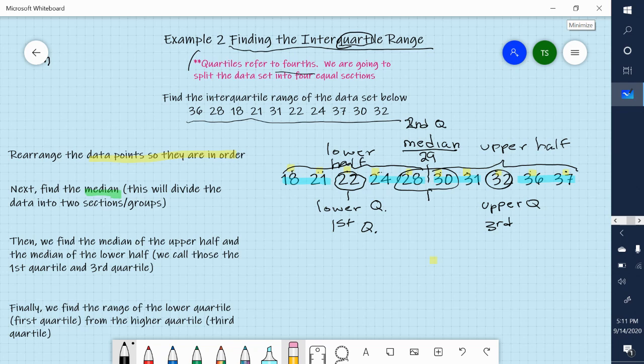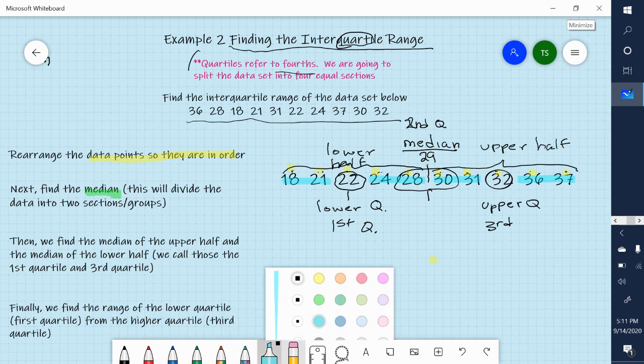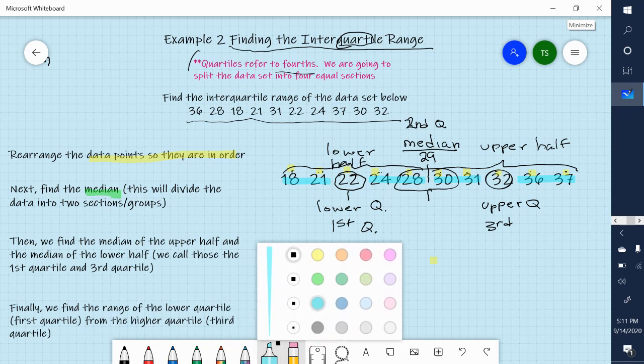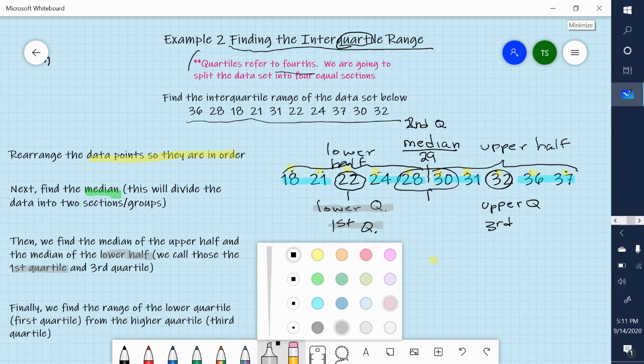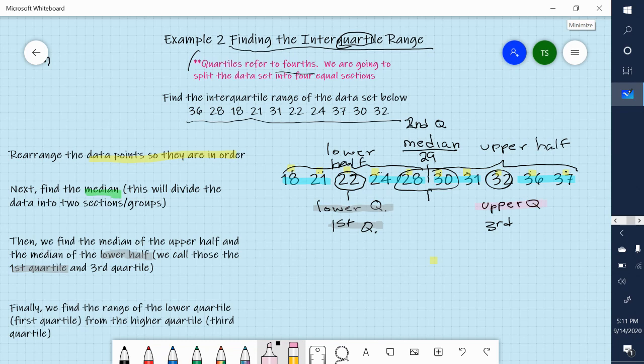So we have found our lower quartile, or the first quartile, and we found our upper quartile, which would be the upper quartile or the third quartile.